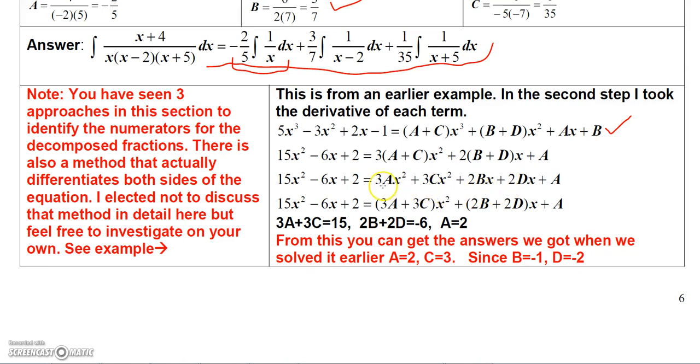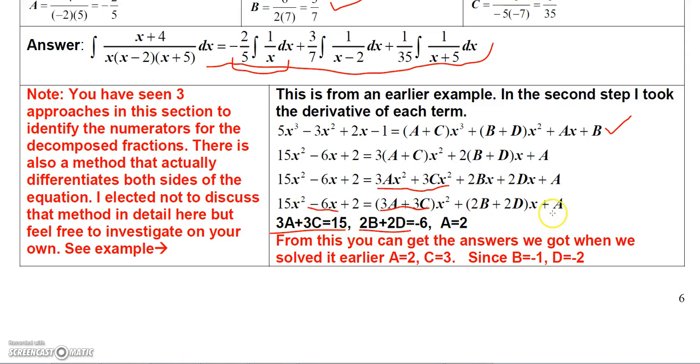So now, you can see here that if you took the x squared out of these two, you get 3a plus 3c x squared. So you know 3a plus 3c must equal the 15. And then here, the 2b plus 2d, if you factor the x out, you get 2b plus 2d times x. And so you know the 2b plus 2d must equal the coefficient of x, which is negative 6.